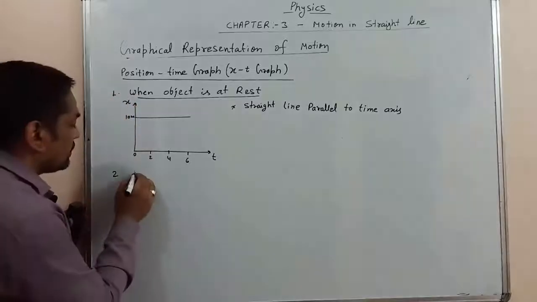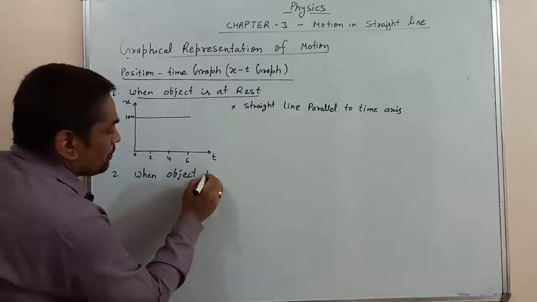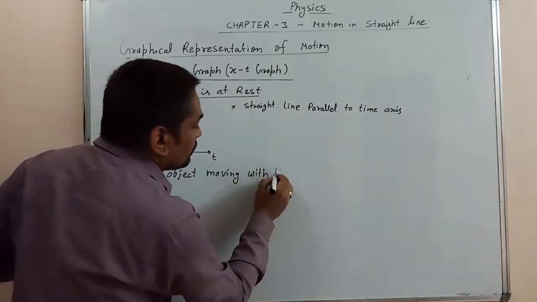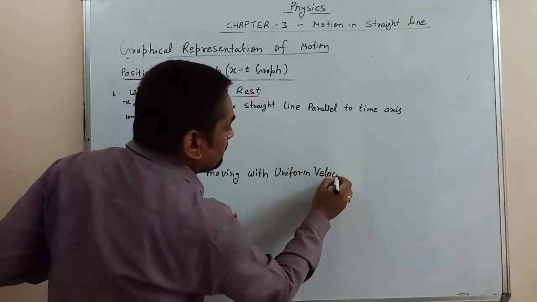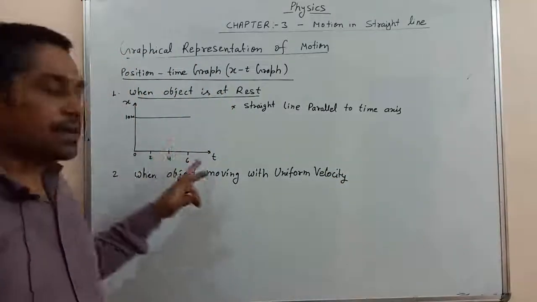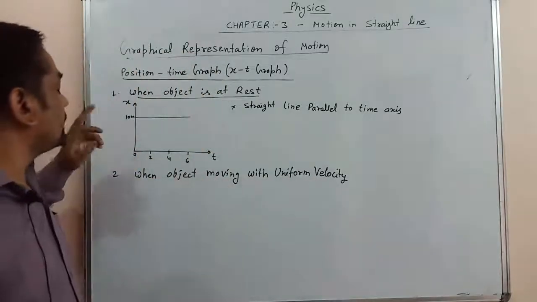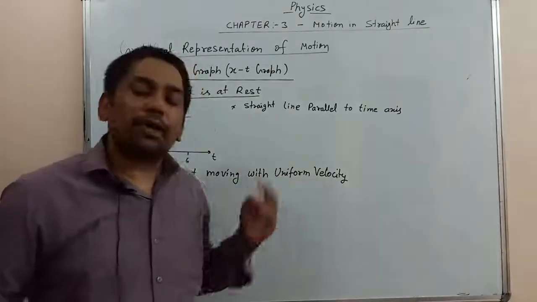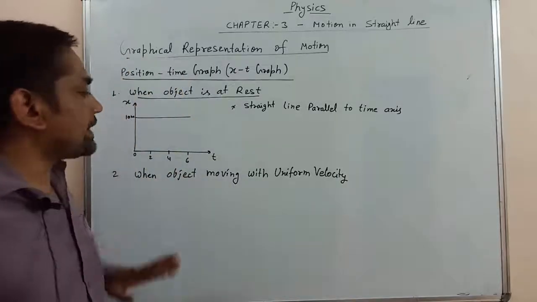Graph number 2: moving with uniform velocity. If we draw the graph between displacement and time, we are talking about velocity. If the graph is between distance and time, we are talking about speed. So here we take the displacement and time graph.